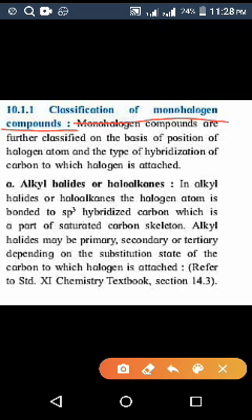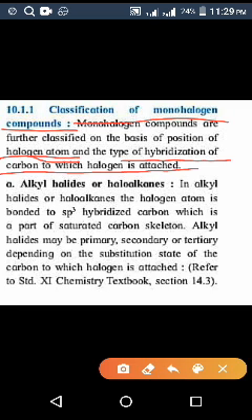Monohalogen compounds are further classified on the basis of the position of the halogen atom and the type of hybridization of the carbon to which the halogen is attached. The hybridization concept we already studied in the chemical bonding chapter in detail, that is sp3, sp2, sp hybridization and the different examples related to it.